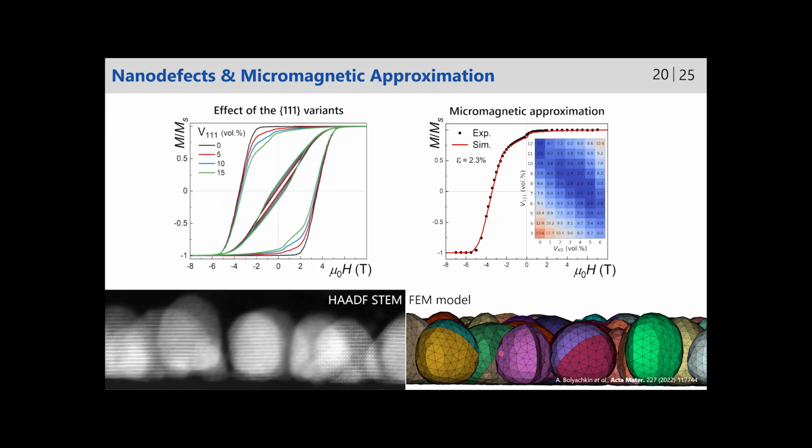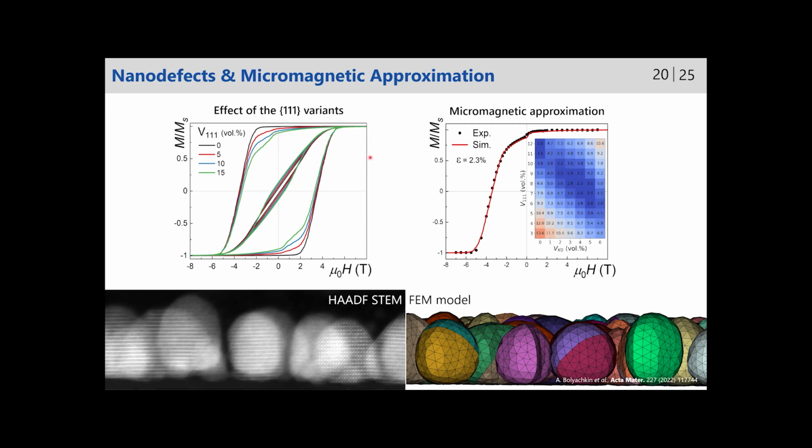For example, you can see that some grains are split in two parts. It means that they have a 1-1-1 twin inside. And we can explain the effect of these twin grains. You can see that as the volume fraction of grains with twins increases, we have a degradation of the hysteresis loop. Instead of being more squared, it becomes less and less smooth in this second quadrant.